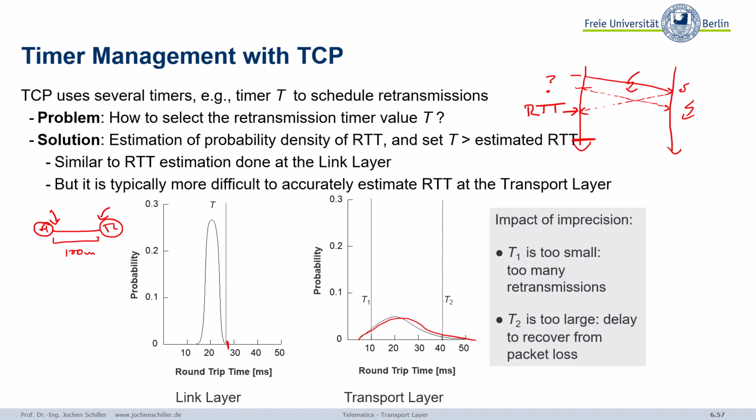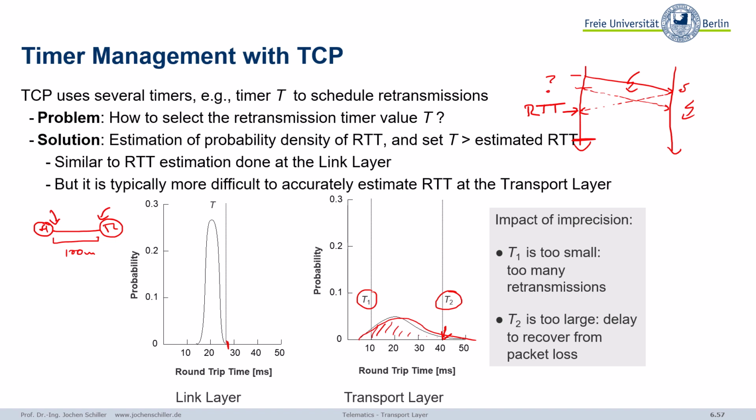Obviously, T1 is a bit too small, because you see the majority is somewhere here. Maybe T2 is too large, because yes, this is larger than the typical round trip times, but maybe it's too large and we cannot react fast enough.